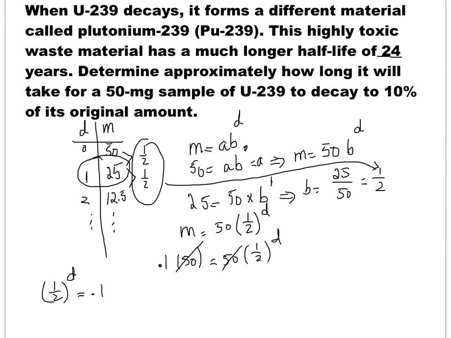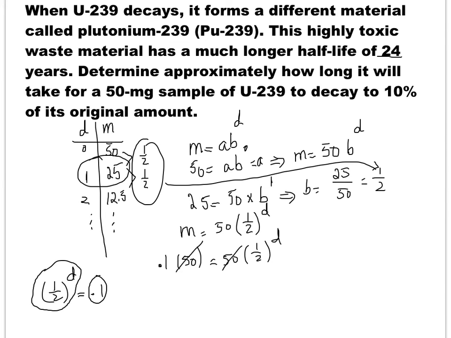There are a couple of ways of solving for D. One method is divide and conquer, which is just guessing, and then depending on the value decide if your guess is high or low, and then divide the intervals in half and approximately find D. Another method is to use graphing technology and plot this function and also the line y equals 0.1 and then find the point of intersection. But the best method is to use the logarithmic functions.